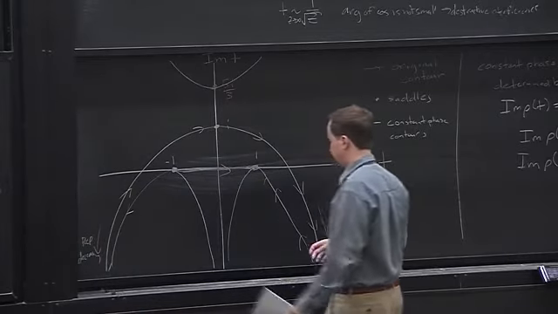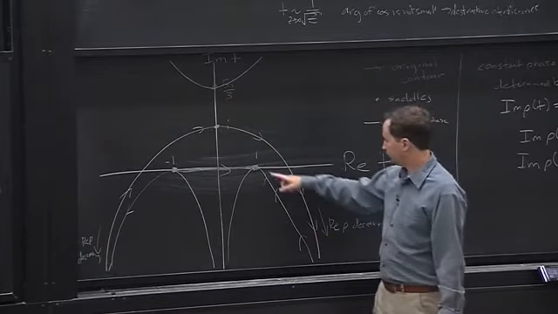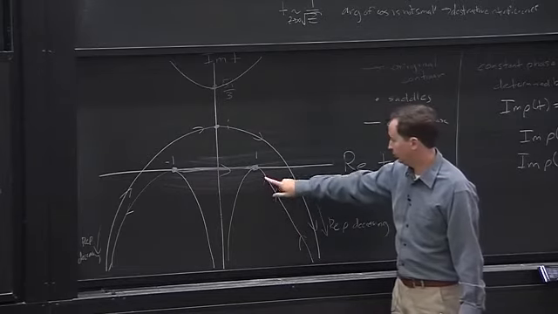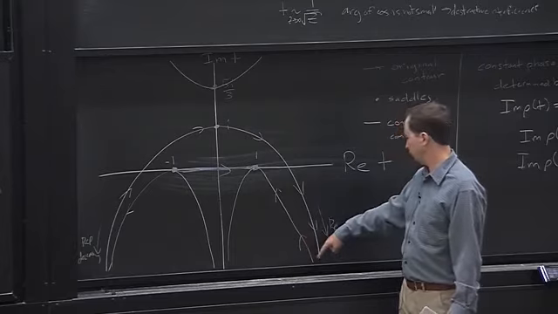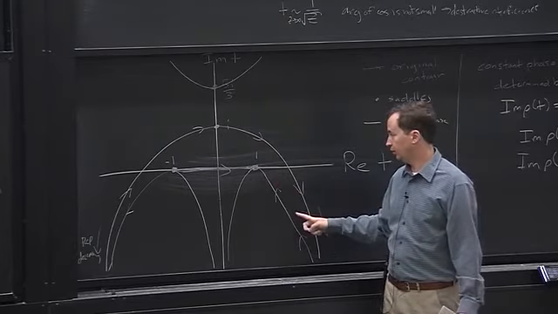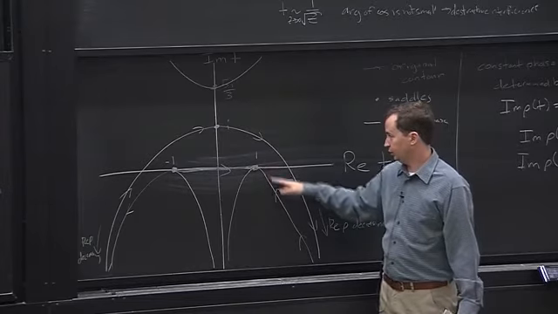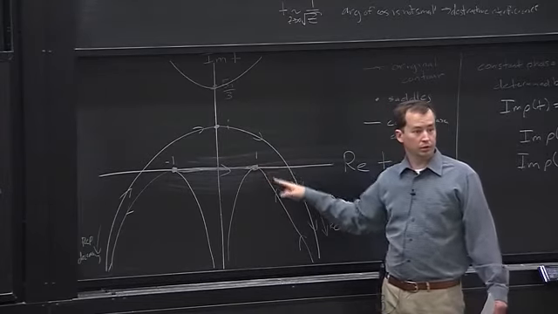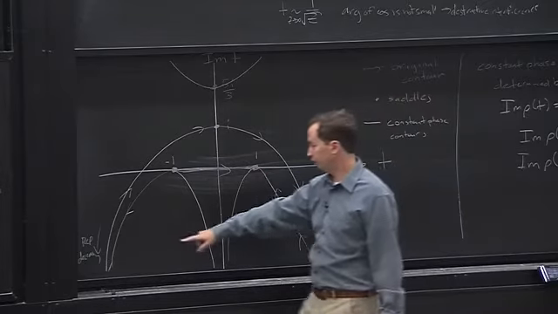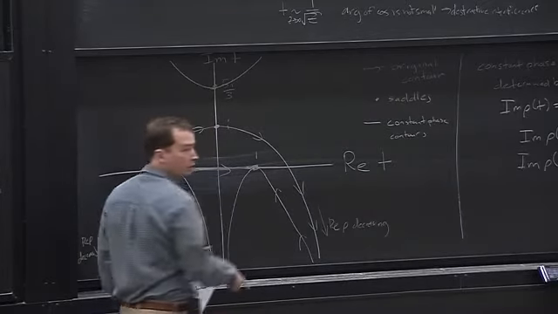So that means along this part of the contour the real part of rho is decreasing in this direction, and so it's increasing in this direction. So along this part of the contour, the integrand is getting larger and larger, and it reaches its maximum value at the endpoint, and the same over here.